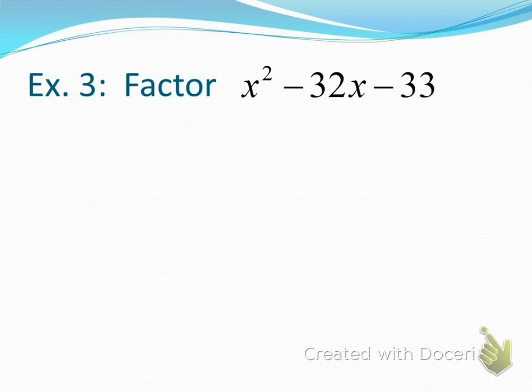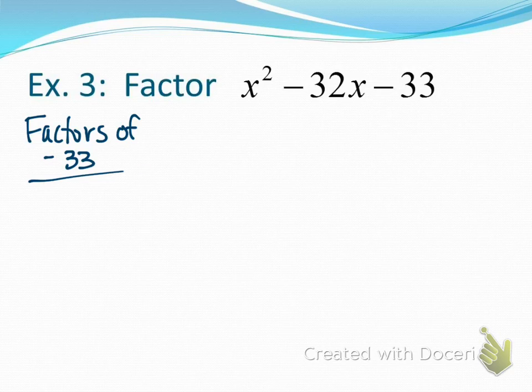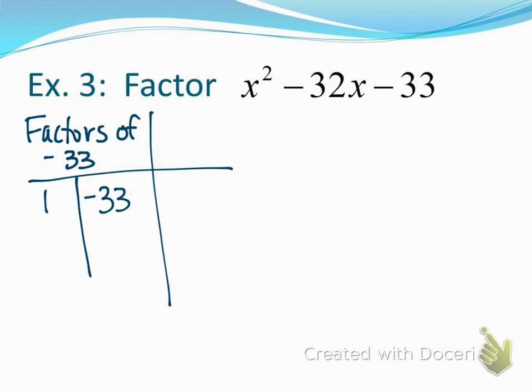All right. On this one, what are we finding factors of? Factors of negative 33. This list should be pretty short. Jamaro, what's one thing I could put on my list? 1 and negative 33. Jamal Dixon, what else can I put on this list?